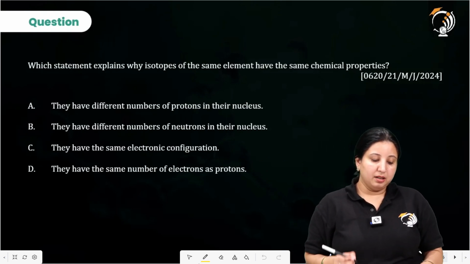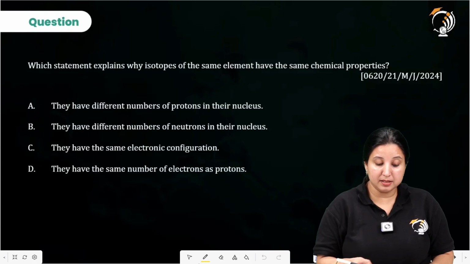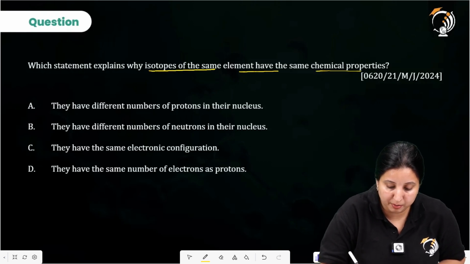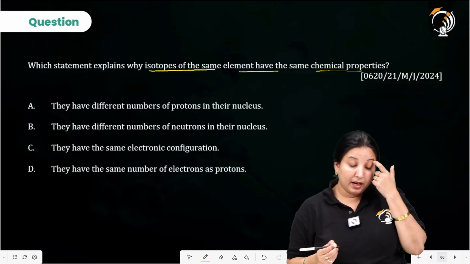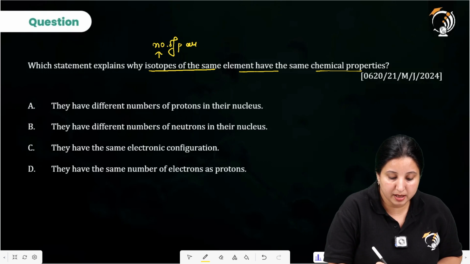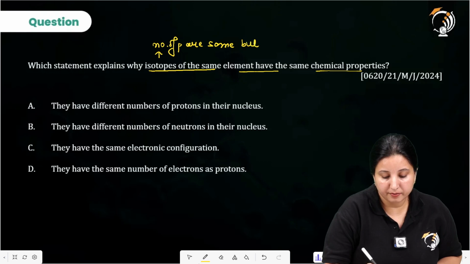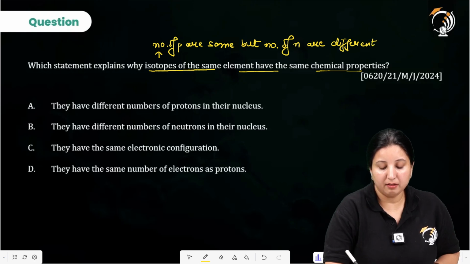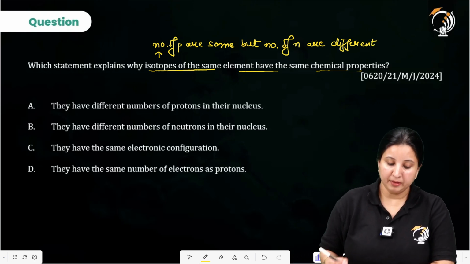Coming to the next, which statement explains why isotopes of the same element have the same chemical properties? Now look, again I am repeating, isotope means what? That their number of protons are the same, but their number of neutrons are different. Okay.